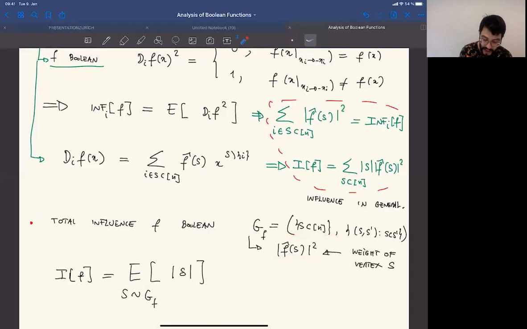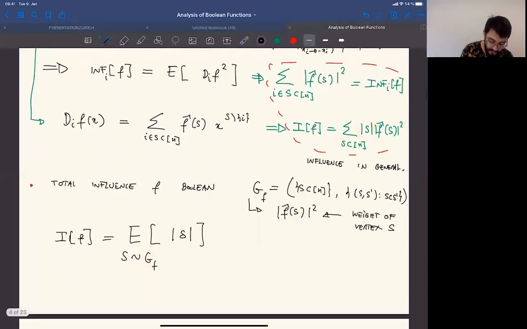If you take a random variable which has values in the vertices of this set with this distribution as weight, and I compute the expectation, it would be exactly this quantity, because you just multiply the value times the probability in the summation. Okay, so this is another interpretation of total influence when f is Boolean.